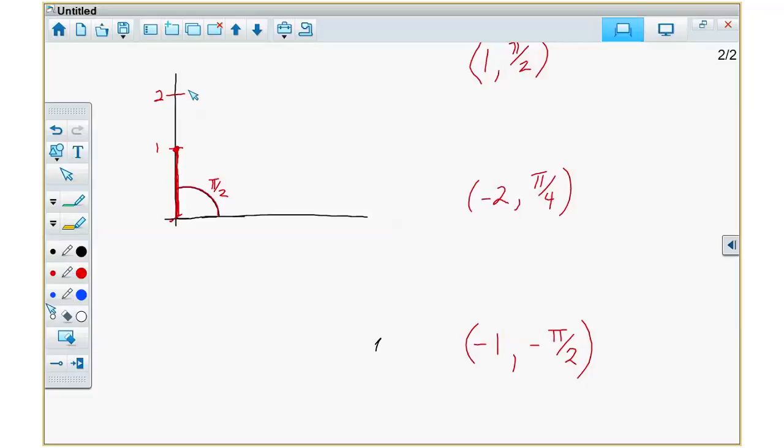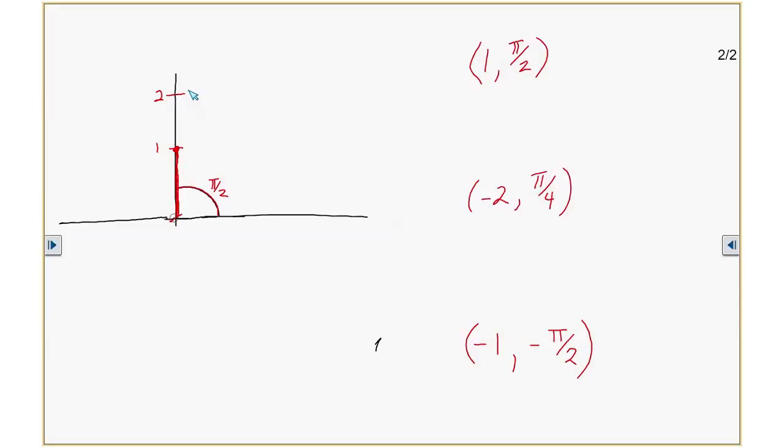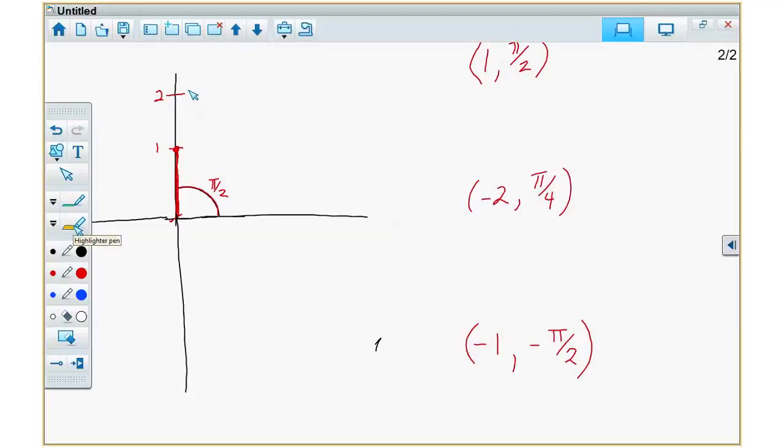-2 and pi over 4, I'll do it in blue. Let me draw my pi over 4. What is pi over 4? 45 degrees.